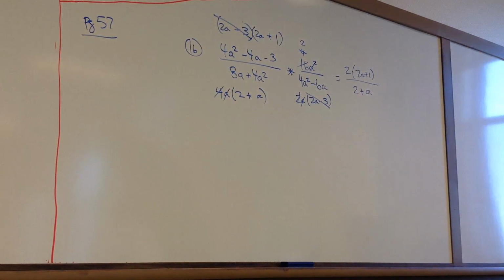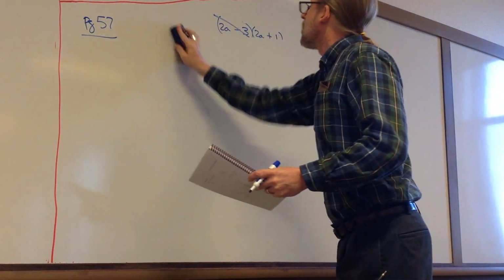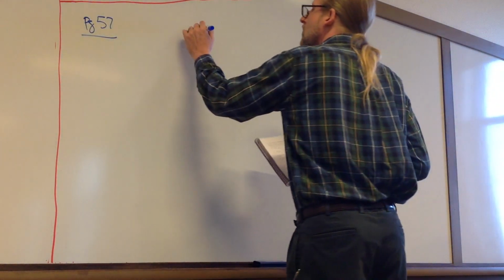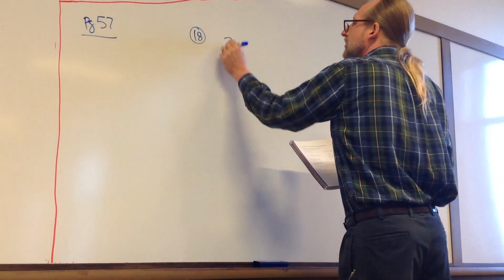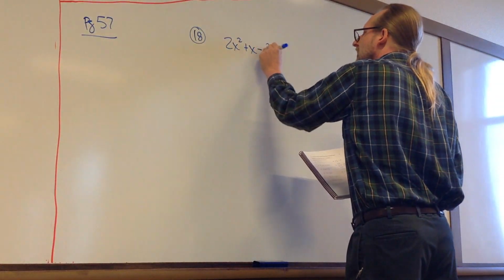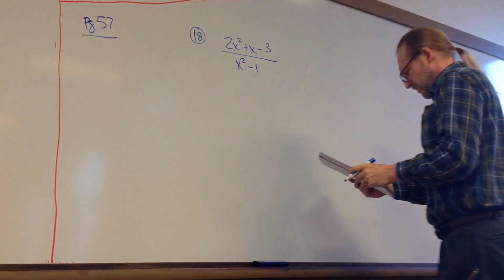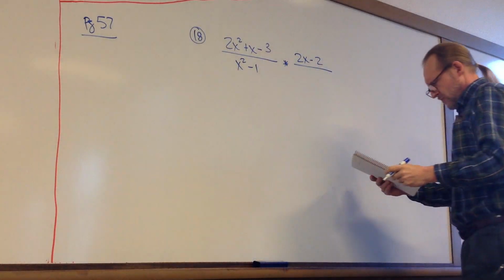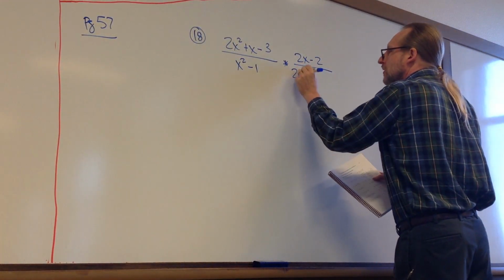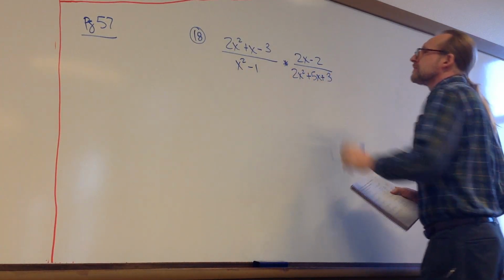All right, let's see here. Let's look at problem 18. So, problem 18, we get 2x squared plus x minus 3 on top, and x squared minus 1 on the bottom, and then times 2x minus 2 over 2x squared plus 5x plus 3.